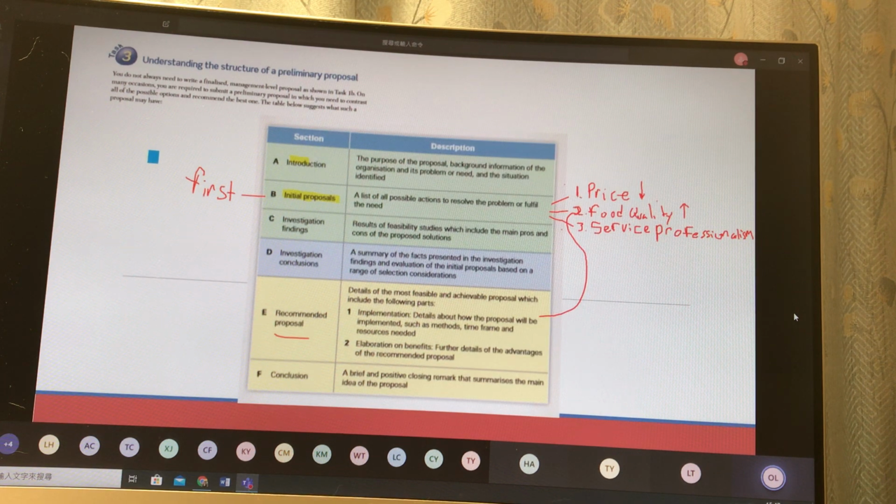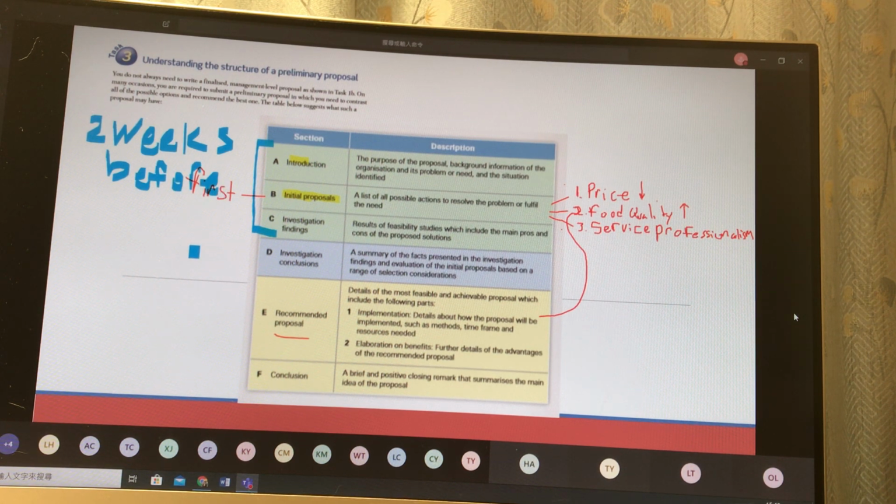About 2 weeks before the exam, I will give you these 3 sections of the proposal.